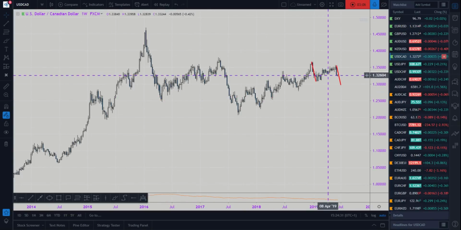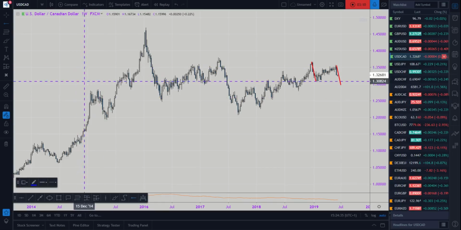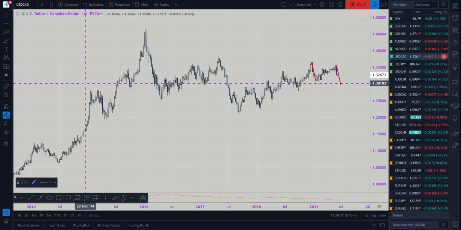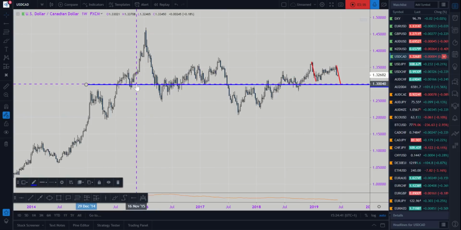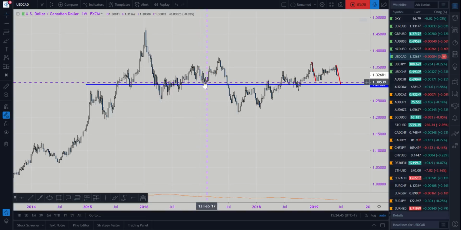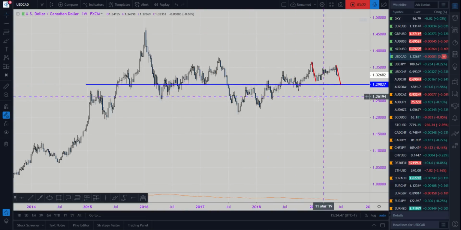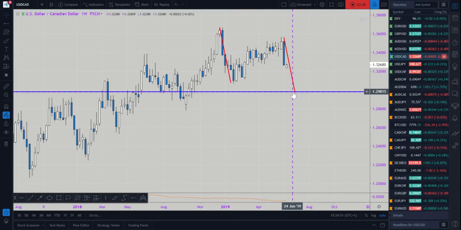And if we look left, 1.3 in the past has noticeably acted as support and resistance. We have support in there, again support, resistance. So it is a decent area where the market could test again.